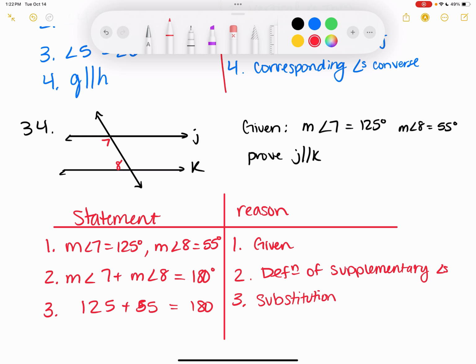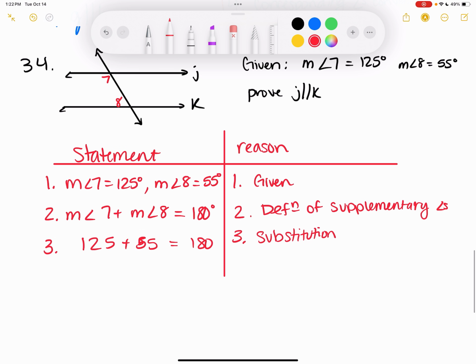So what can I say now to wrap it all up? You use parallel. Why? What are these angles? Consecutive interior angles. Yep, consecutive interior angles converse.